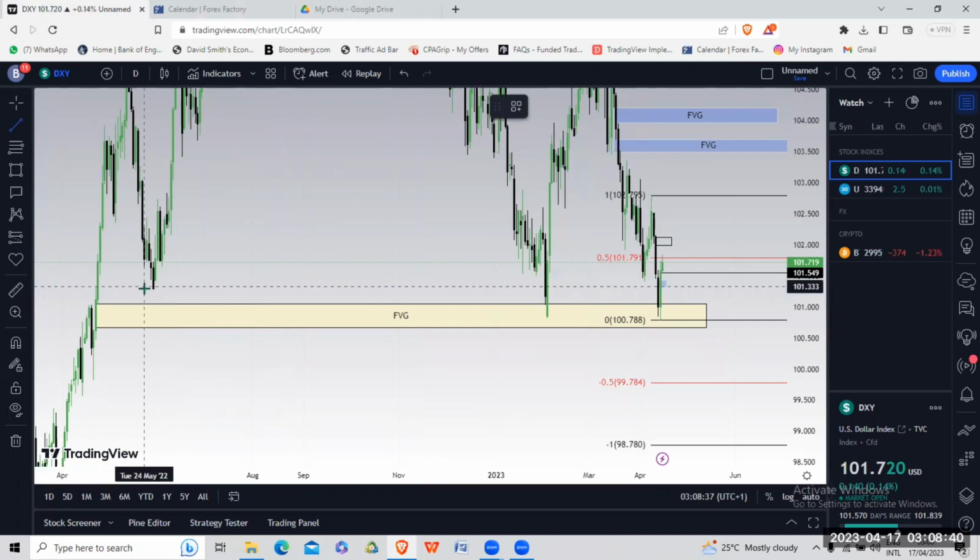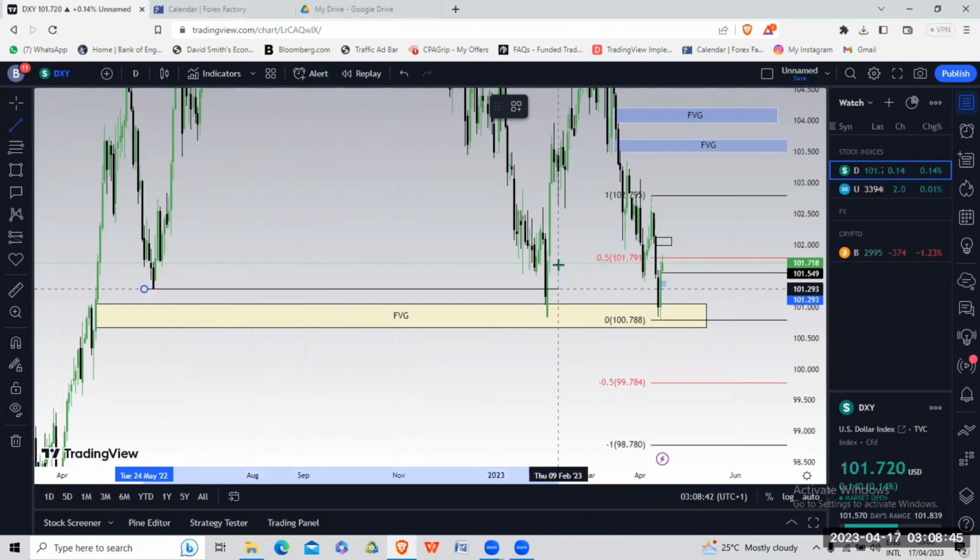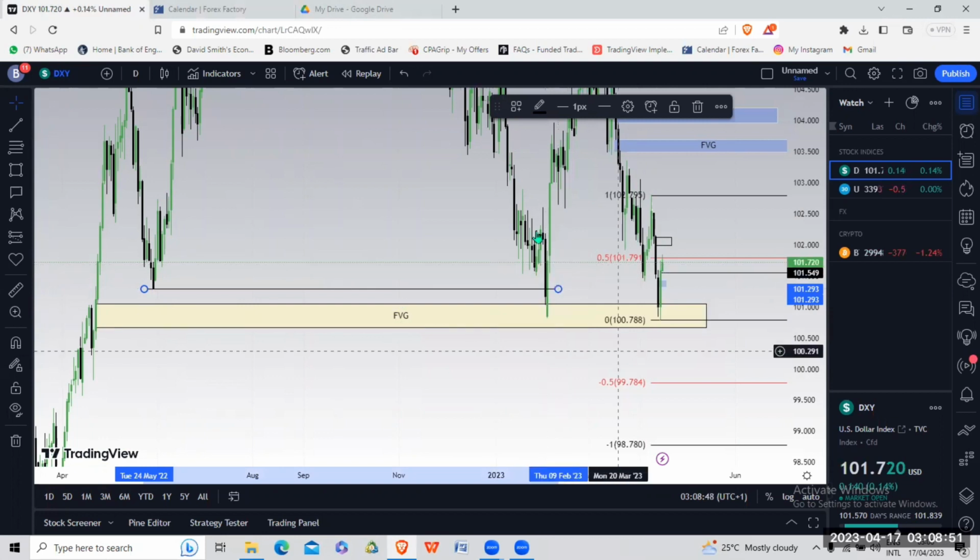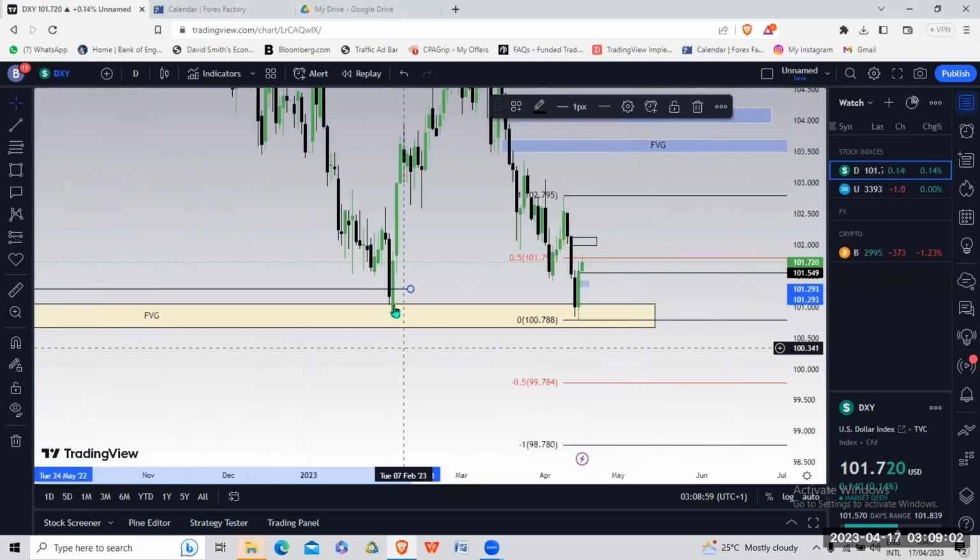This is a low, and it was swept into this FVG. So this order block becomes really important. You can see how price reacted to it the first time and failed, but then trades into it.